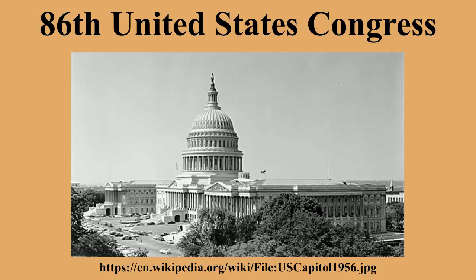House of Representatives Democratic, 283. Republican, 153. Independent, 1. Total members, 437. The increase over the usual 435 members was due to the admission of Alaska and Hawaii, whose seats were temporary until reapportionment following the 1960 census.